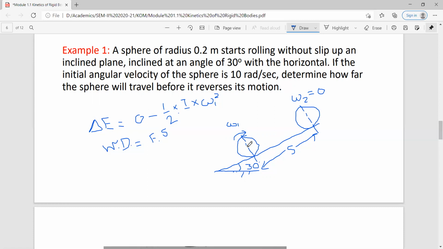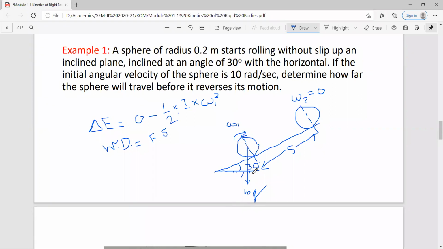Vertically downward. So say here is the CG. I will draw a line vertically downward and show the force. Force is equal to mg, that is the weight of the sphere. But in order to calculate the work done, you need a force which is acting in the direction of displacement, and this weight is acting vertically downward.